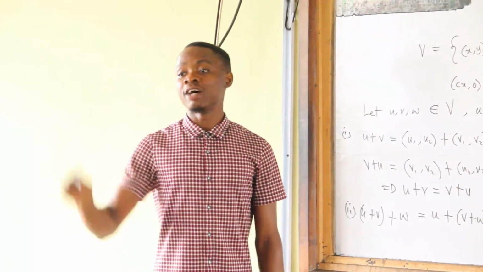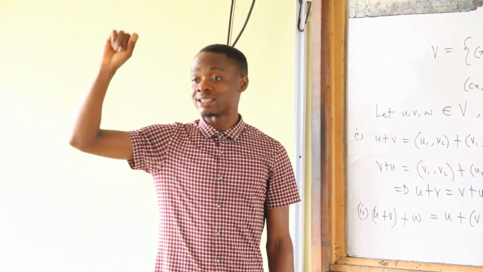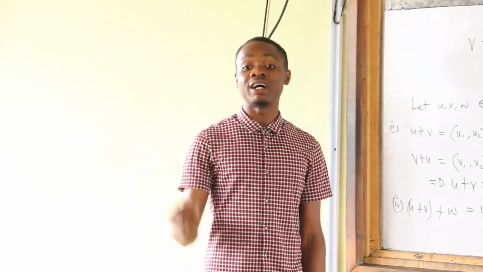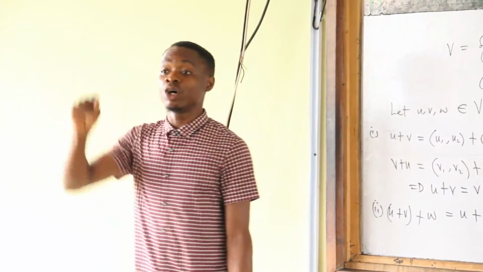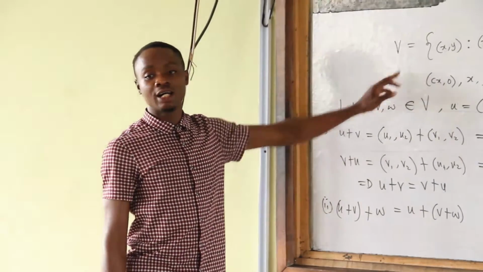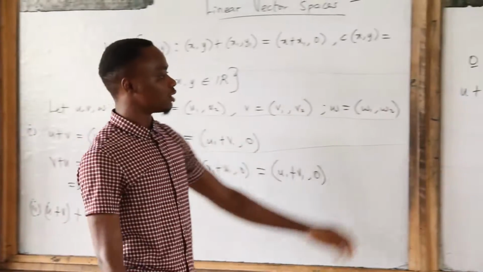You can figure out from the start by looking at the question that it does not satisfy a particular condition. You can just stop there and write your final result. Is that clear? Alright, so V is not a linear vector space. Alright, so that's that.